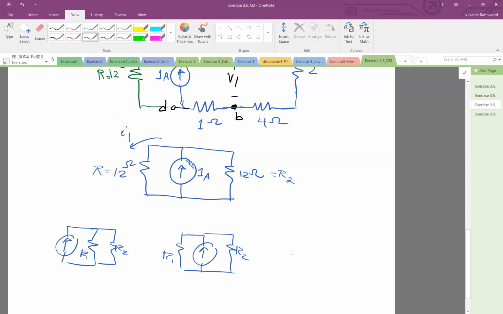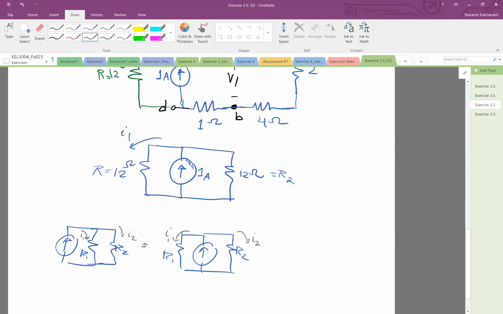Both of them are current division, so this is I1, I2, or this is I1, I2. Basically they're exactly the same. It's just a different drawing of the same circuit.